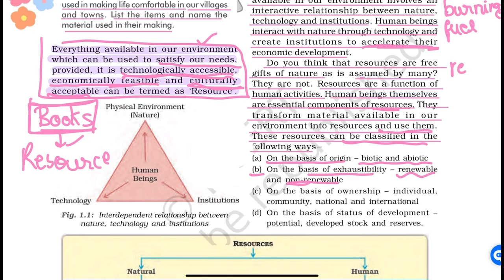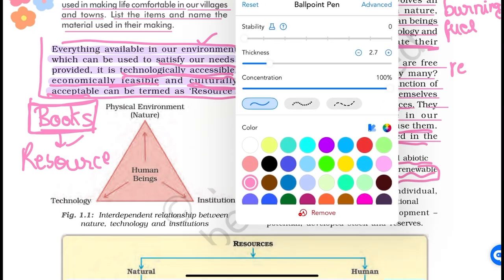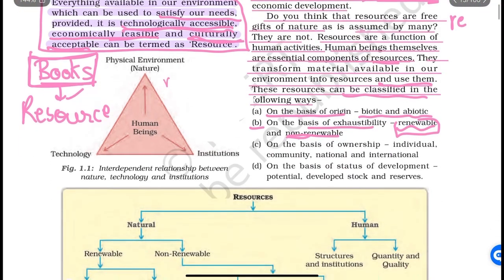You have to break the word renewable. It breaks into re plus new plus able. Re means again, new means new, and able means that it can be.